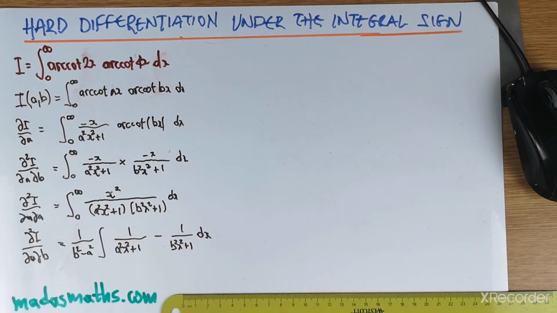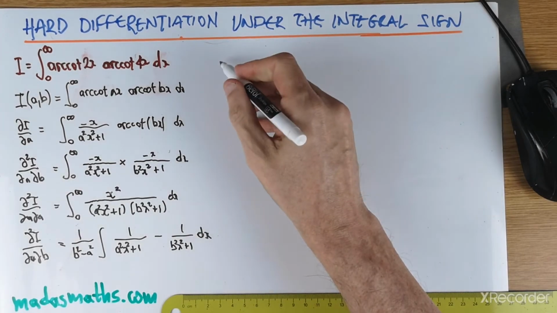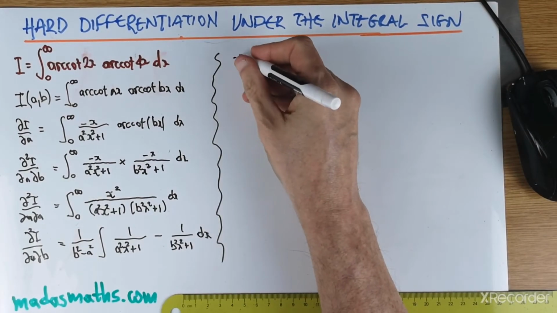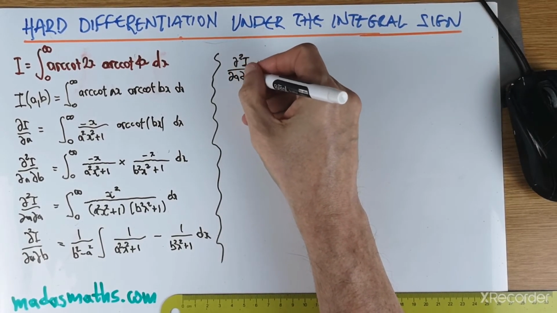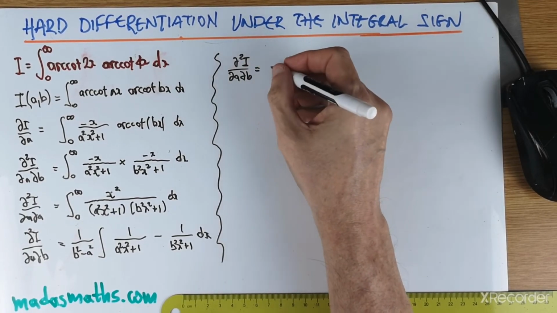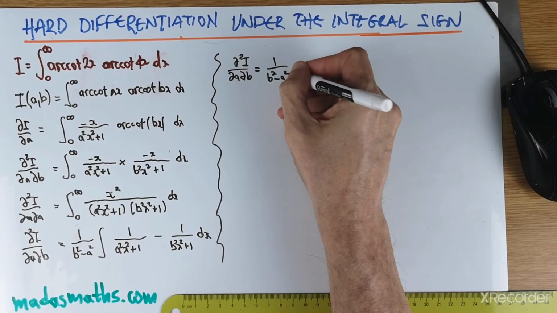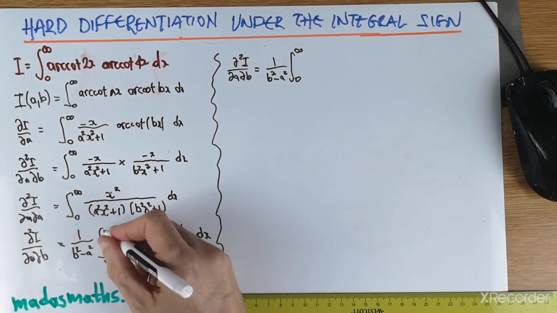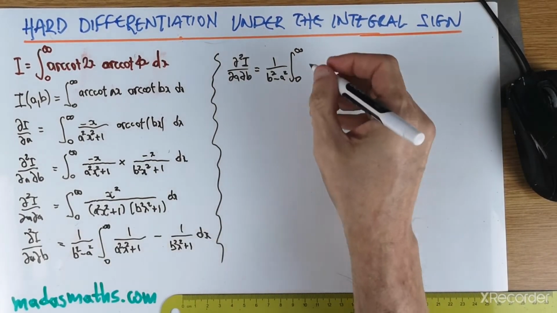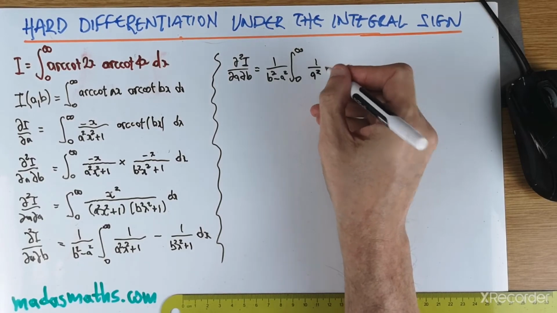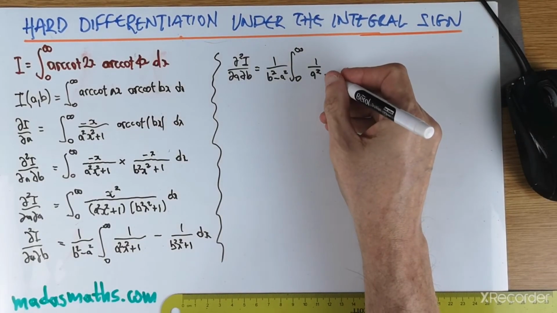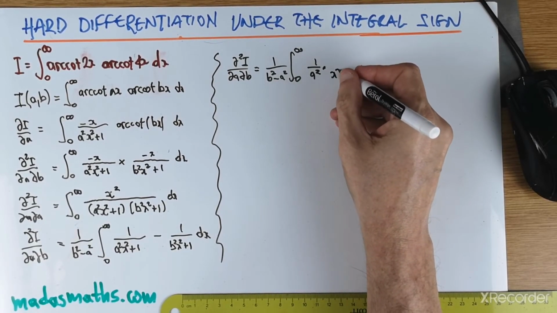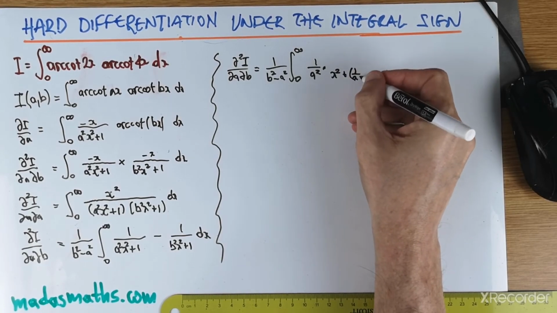These are arctans. So I'm going to continue on the right hand side, but they're not quite arctans yet. So the second derivative with respect to a and b is 1 over b squared minus a squared, 0 to infinity. In order to get it to the arctan form, I need to pull out a 1 over a squared, that's from this bit here, I'm going to use a dot for multiplication, and I'm going to have x squared plus 1 over a squared.